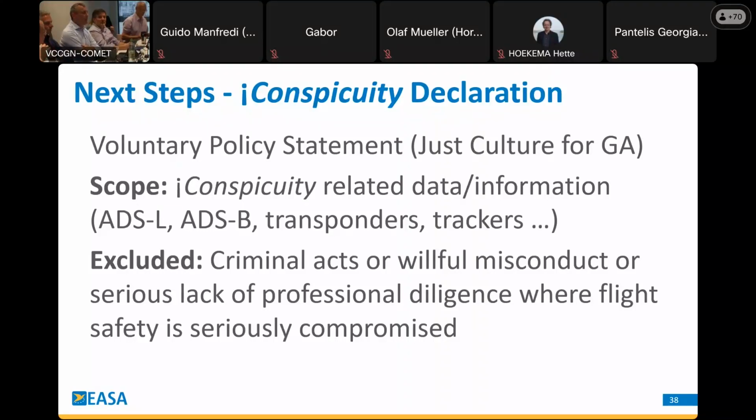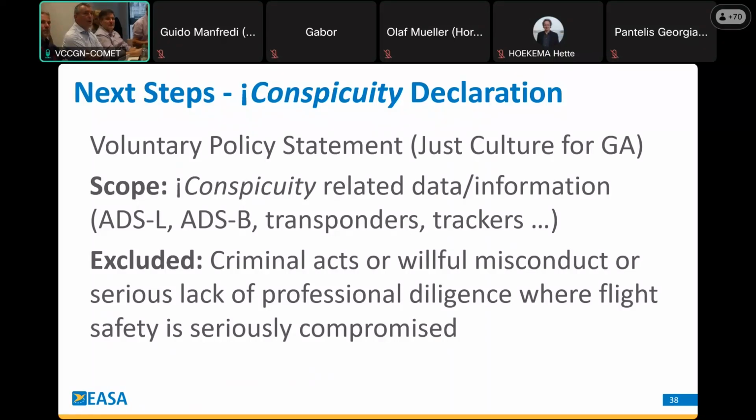So what we are coming forward with, based on our discussion and in line with the principle of just culture, is a draft text of an iConspicuity declaration, targeting primarily national aviation authorities, but also airspace user associations and others who might support.